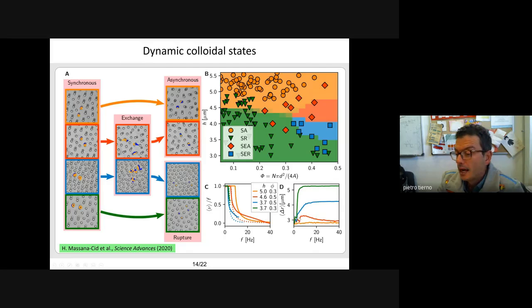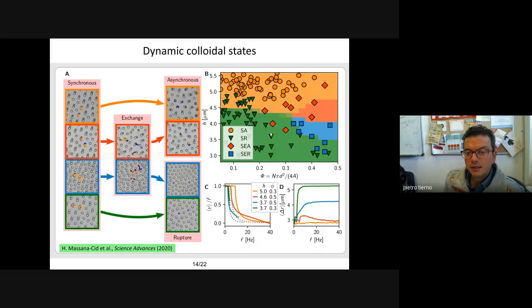When you have localized dynamics, the separation distance stays small. We can classify the different dynamic states by saying when something breaks, meaning the separation distance increases, or when you pass from synchronous to asynchronous, so you have this transition where it breaks down. With these two observables, we could generate this phase diagram and plot it onto the experimental data.